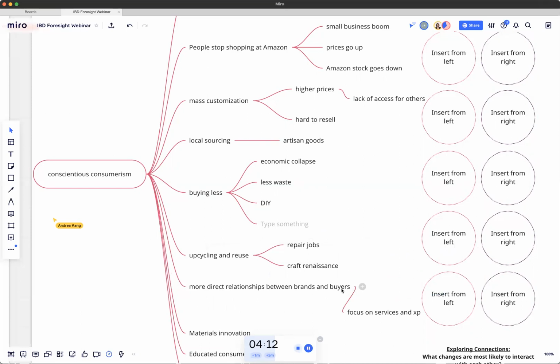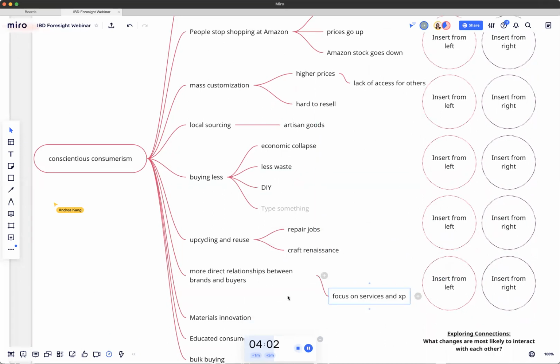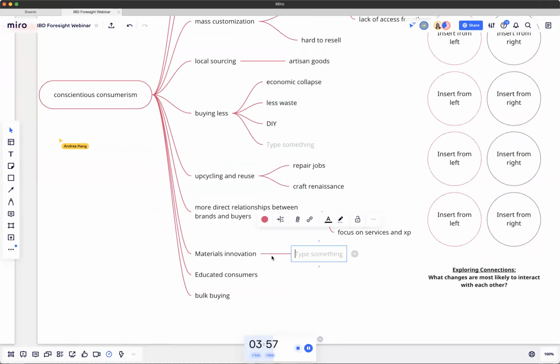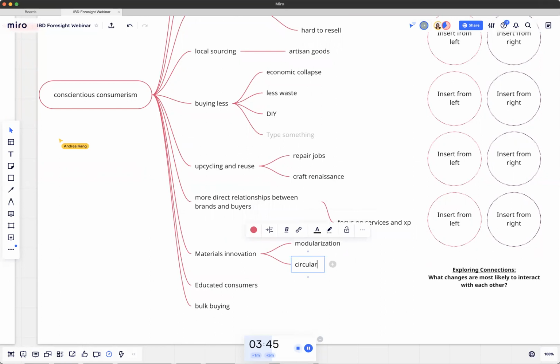Something that's interesting, we had more time into decision making. So more conscientious choice, perhaps. All right, what about materials innovation, folks? What's the second order change from that? Modularization is a great one. I know someone had mentioned here, obviously buying more raw materials.